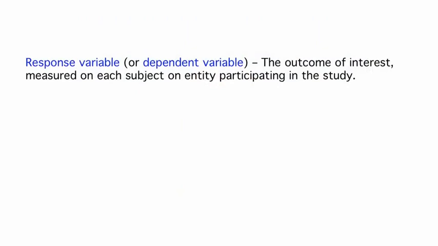We'll start by introducing some of the vocabulary that is used in experiments. The outcome, or response variable, is the variable that we are interested in, measured on each of the individuals or entities participating in the study. It is sometimes called a dependent variable because we are typically interested in how it depends on the values of the other variables, which are the explanatory variables.